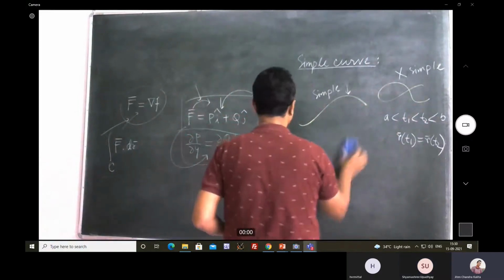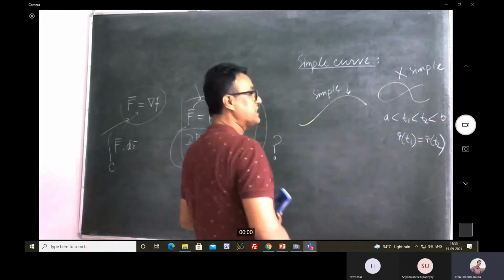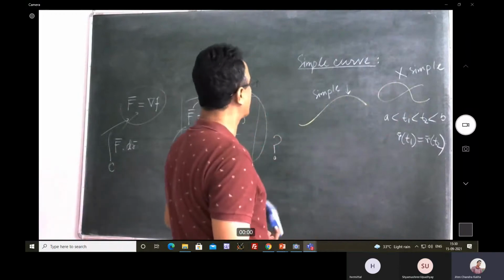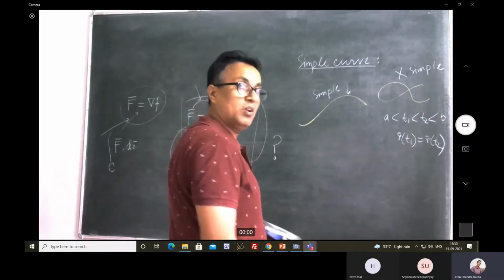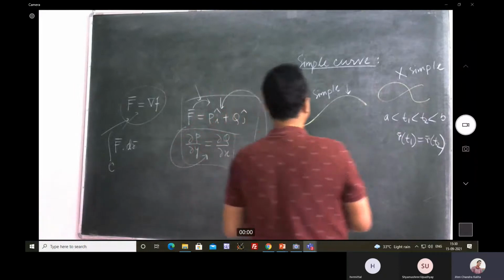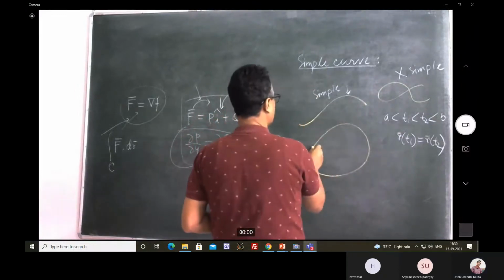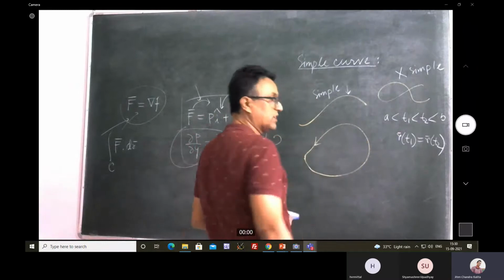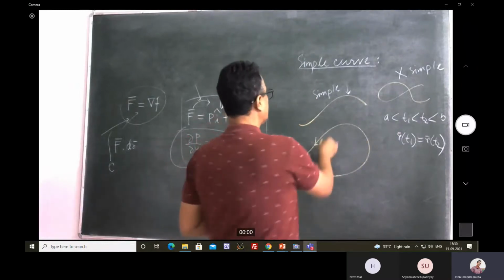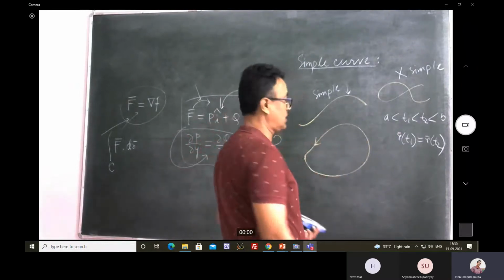So now let us see when a curve becomes simple and closed. A closed curve is this. So this is an example of a simple closed curve.